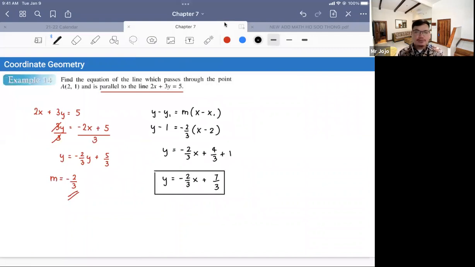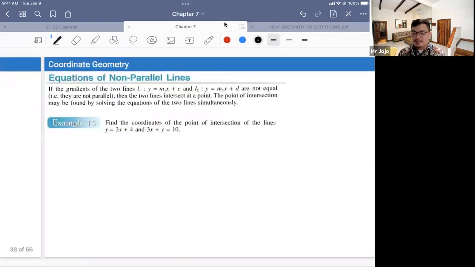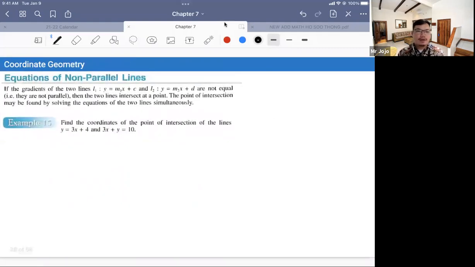Now, what if they're non-parallel lines? Non-parallel lines will always intersect at least one point. So how do we solve non-parallel lines? You have learned how to do this back in chapter 2, actually in sec 2.